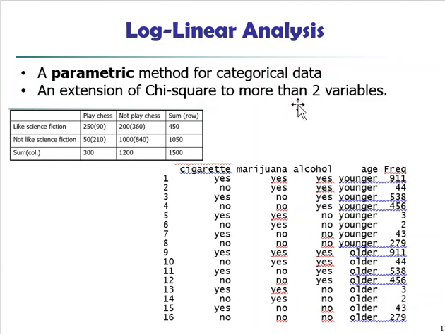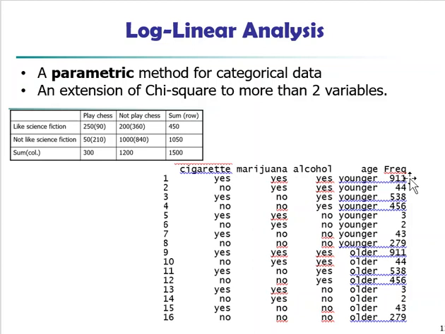Extending chi-square to more than 2 variables, we will be looking at data like this. So we'll have categorical dimensions or variables. And lastly, we're going to have the count, okay? And then the goal is to study how every categorical dimension impacts the count, and if there are interactions between and amongst the variables, and what's the effect of those interactions on the frequency of the occurrences.